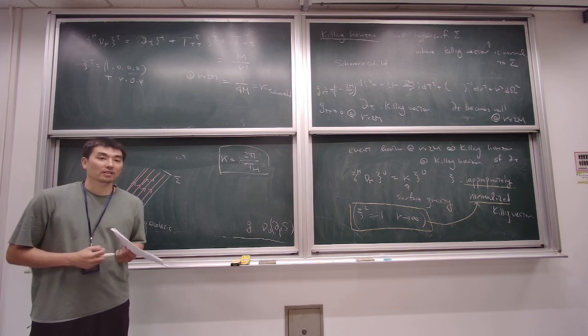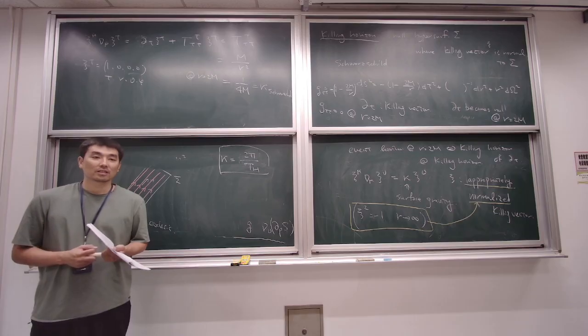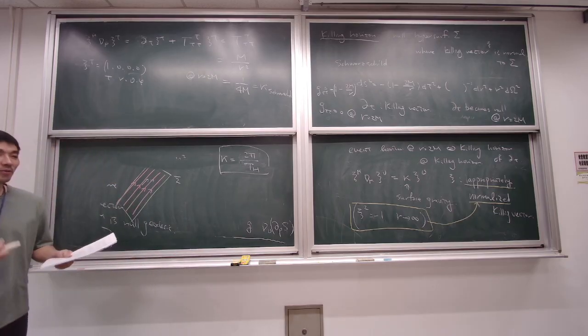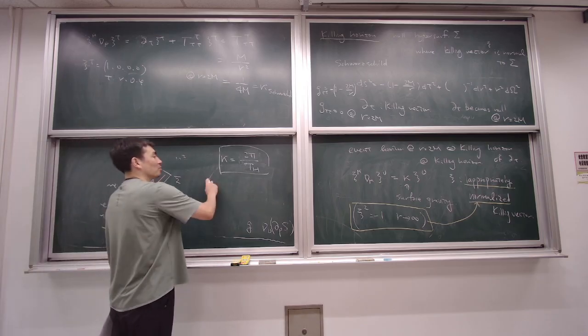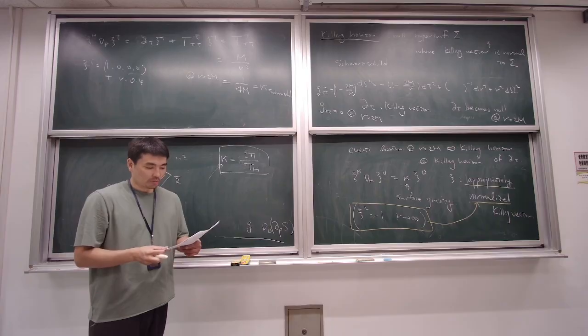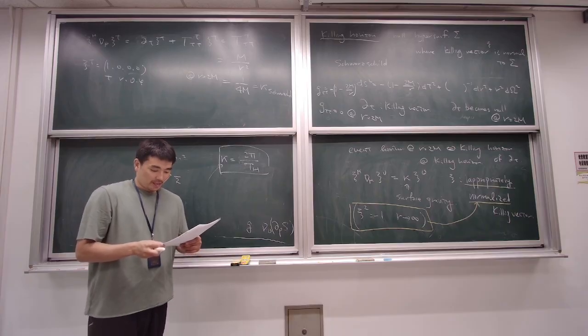Will we discuss what is the relation between surface gravity and temperature? Yeah, of course, we will discuss. But before then, the reason why it's called surface gravity, it has a very, very nice classical interpretation, which I'm going to talk about from now on.